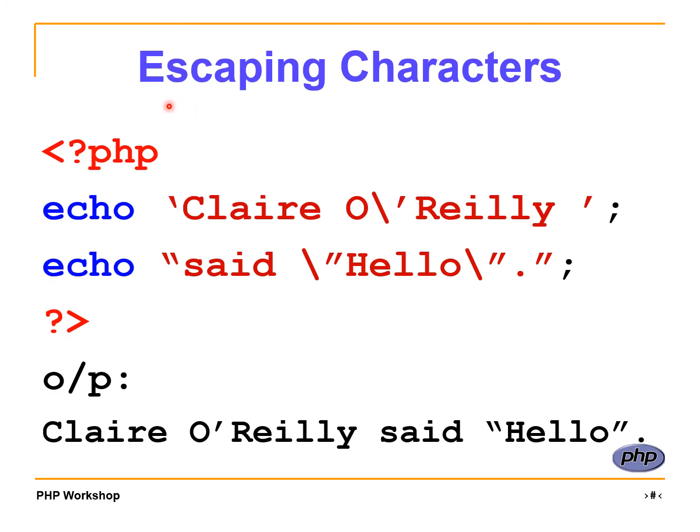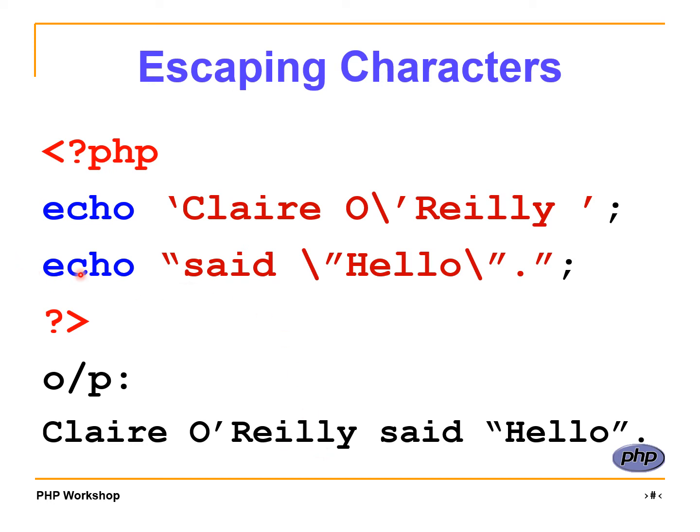So this is an example which shows some of the escaping characters. This is the PHP opening tag, echo, Claire O\single quote Reilly. So the output should contain a single quote. That is why the backslash quote is there. So the output is like this, Claire O'Reilly.